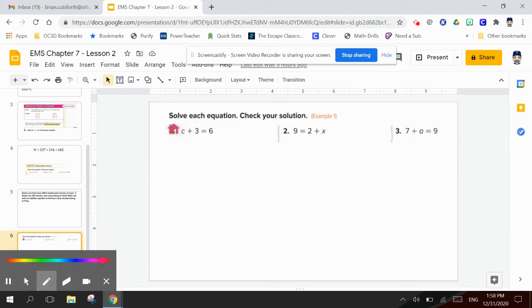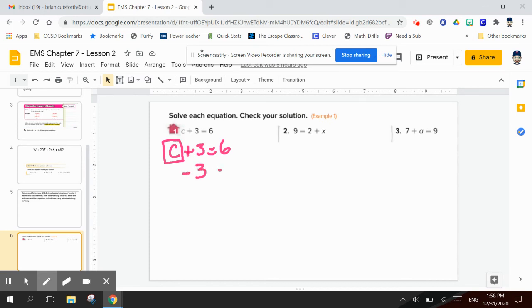So let's practice. So here's the first one. C plus 3 equals 6. So again, C is my variable, plus 3 equals 6. I want to get my variable by itself. To do that, I have to do the opposite of add 3, which is to subtract 3 from both sides of my equal sign. 3 minus 3 is 0.